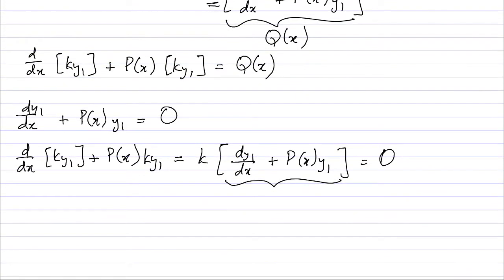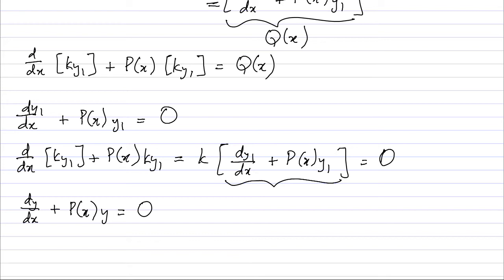So the left hand side is 0. And since your original equation is this thing, that immediately implies that k y1 is also a solution, because essentially when you substitute k y1 for y, you get 0.